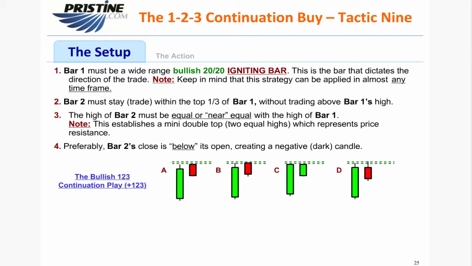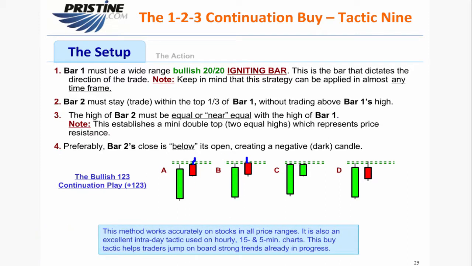Meaning, if we trade a little bit above bar number 1's high, if we get a little bit of a topping tail or something like that, it's not the end of the world to me. Ideally, it stays below it, but if we get a little bit of a tail there, it doesn't negate the trade for me. Right? So this is, again, the setup. And as I said, this works well on any time frame that you trade from.